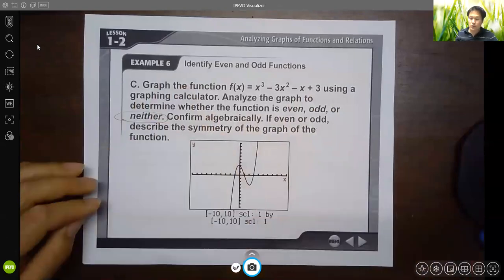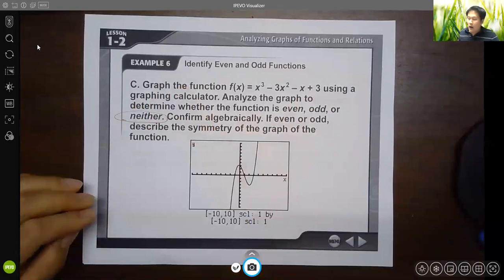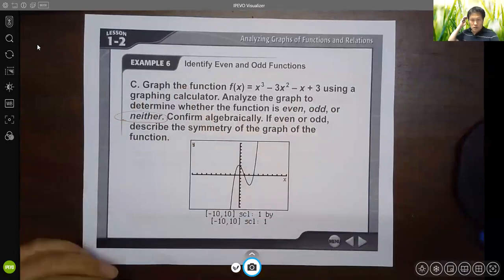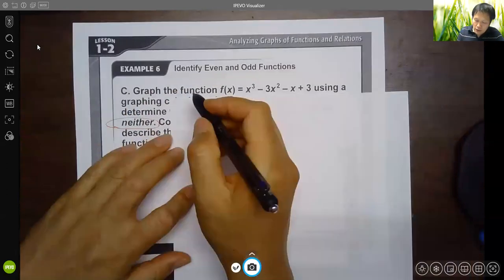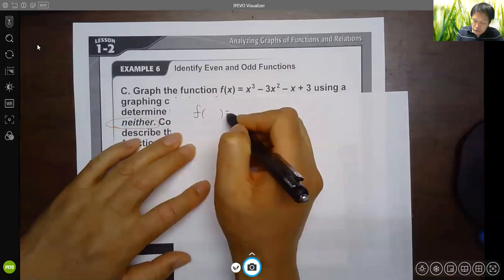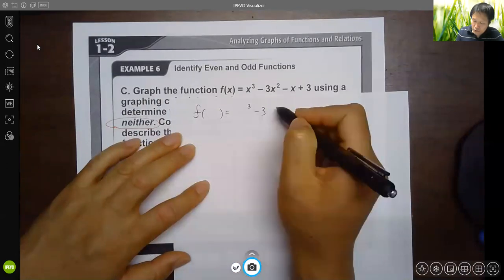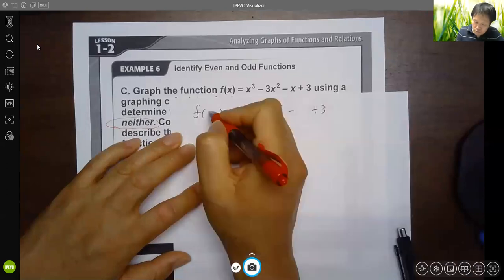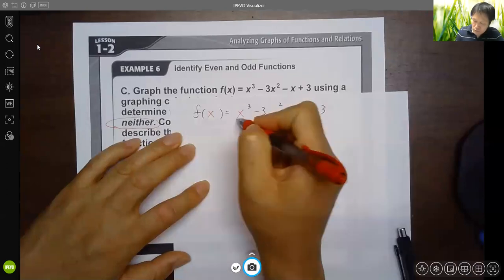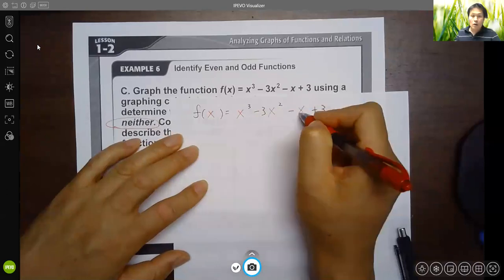What does that mean? Neither. This is neither. Okay, algebraically, how do we check algebraically? Right here. So f of x equals x cubed minus 3x squared minus x plus 3. What are we doing?